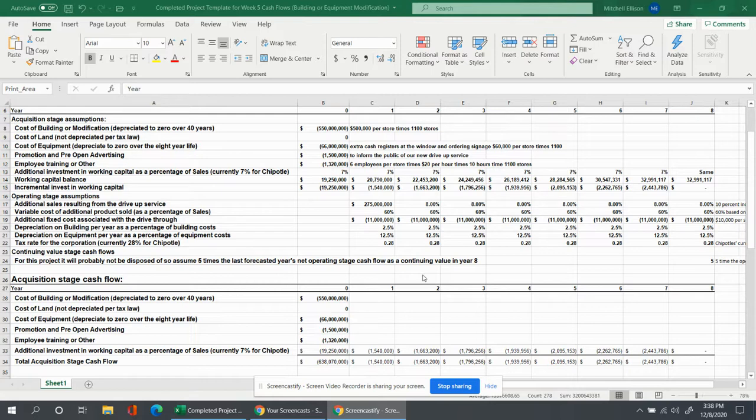The acquisition stage, that's where you get the project ready to go into service to the customer. The operating stage, that's where the project is up and running. And then oftentimes it's a continuing value rather than a disposition value, and that's basically to account for any remaining years in the project's life.